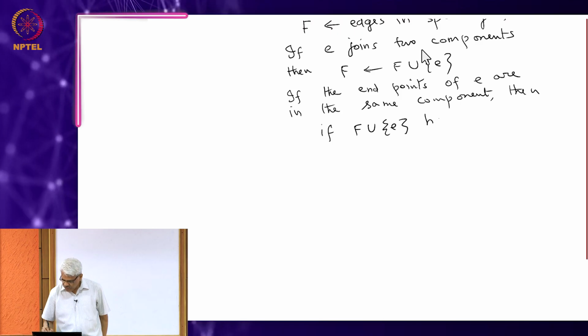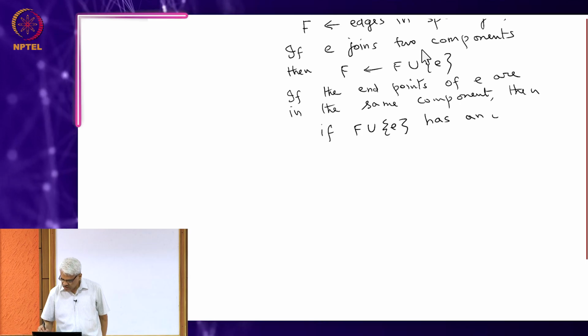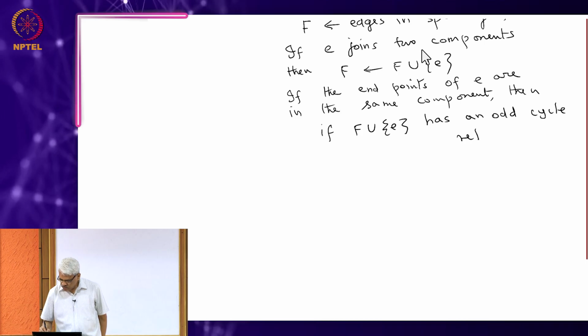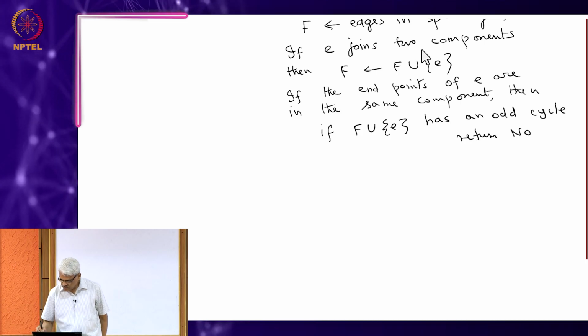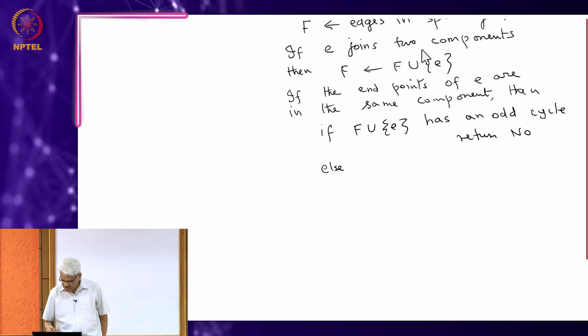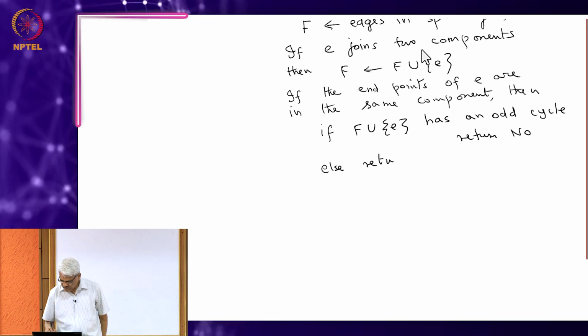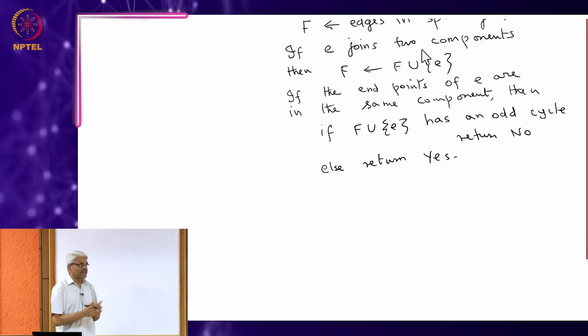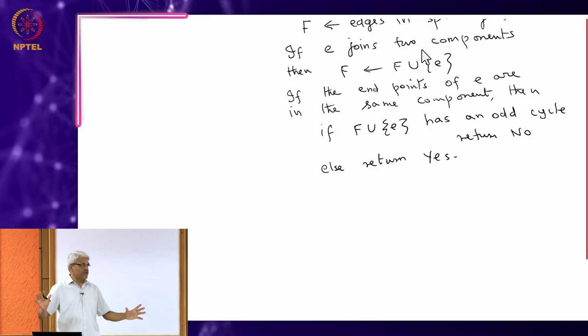If F union E has an odd cycle, return no, else return yes. In either case, I am not adding the edge E. So always I maintain the spanning forest.